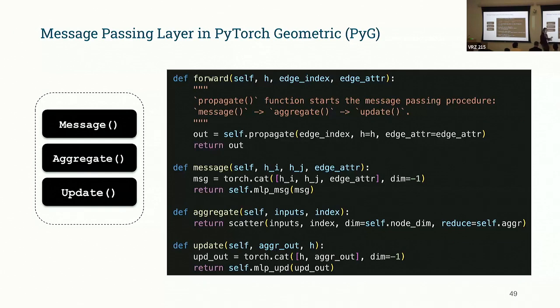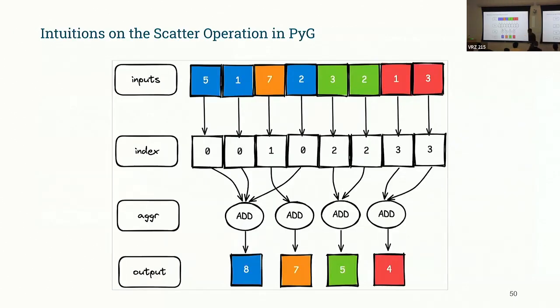If you want to know about the scatter operation, well, this is quite intuitive. In order to understand what the scatter in the aggregation does, let's consider that this is my input vector. You see here that you have some numbers, and then you have an index vector, which basically says in which way these elements should be aggregated.